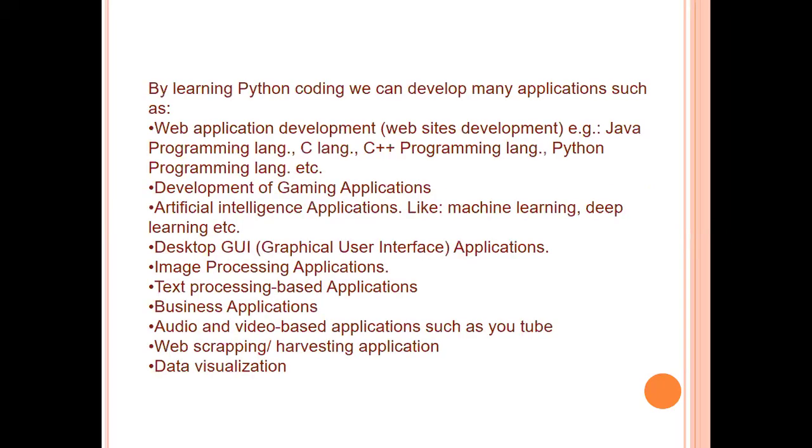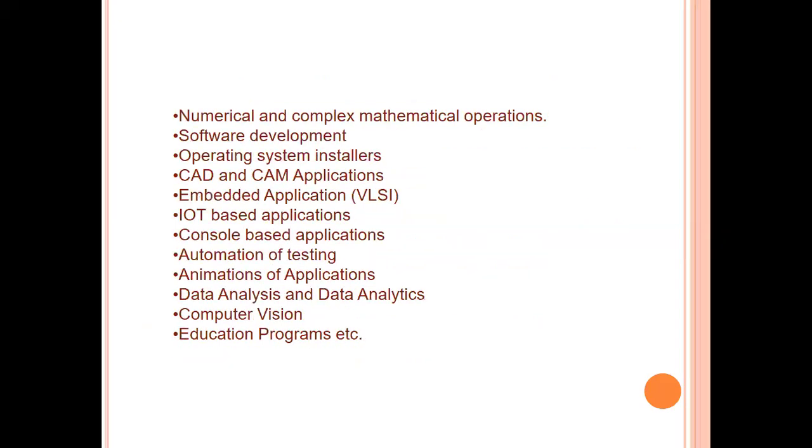Kinds of applications we can develop with the help of Python are website development, development of gaming applications, artificial intelligence, desktop GUI, image processing, text processing, audio and video based applications, web scraping, business, in the schools, in the industry, study, the education programs, numerical and complex mathematical operations, software development, operating system installers, CAD and CAM-based applications, automation industry, animation of applications, data analysis and data analytics. Right?